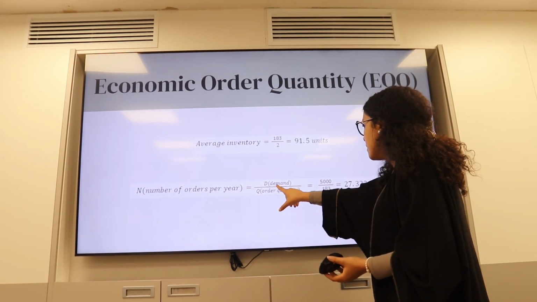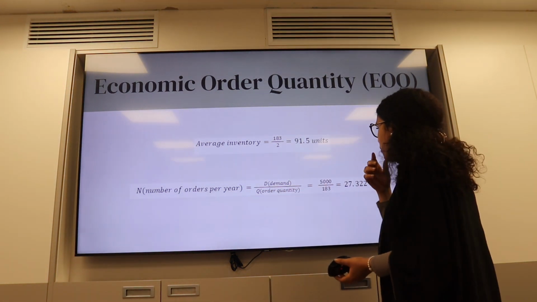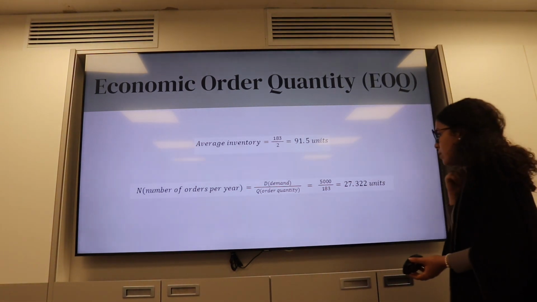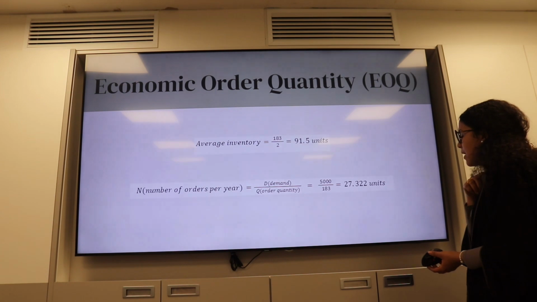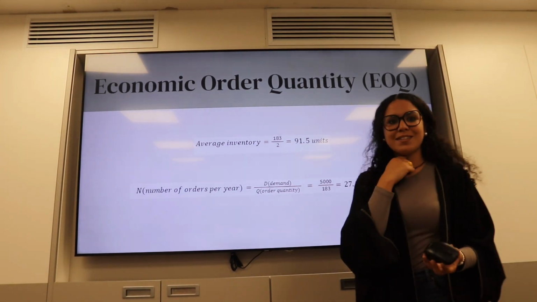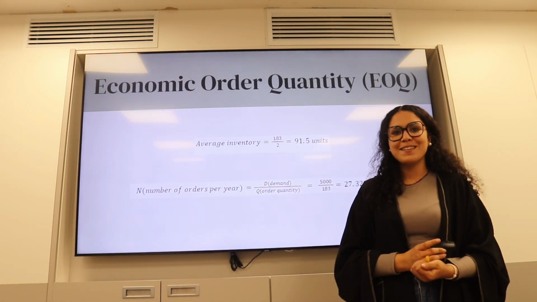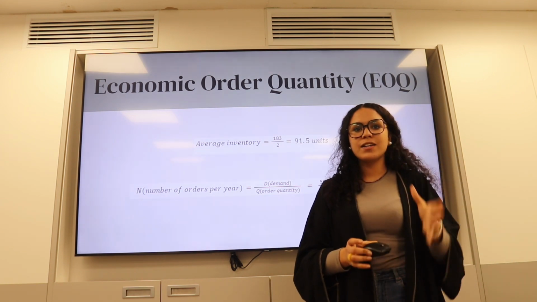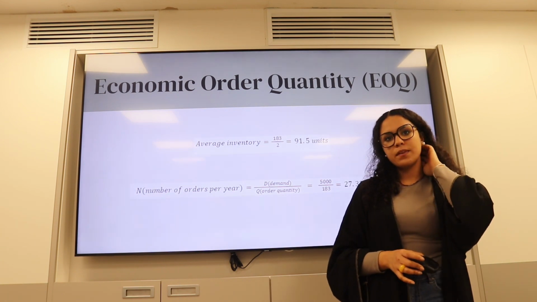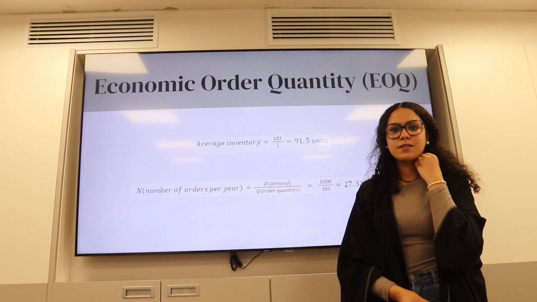The formula is D, the demand, divided by Q, the order quantity. 5000 divided by 183, and the result is 27.322. This implies that we will need to place 28 orders throughout the year, leaving us with some leftover spare parts by the year's end. These surplus parts can be used to meet the demand for the following years.